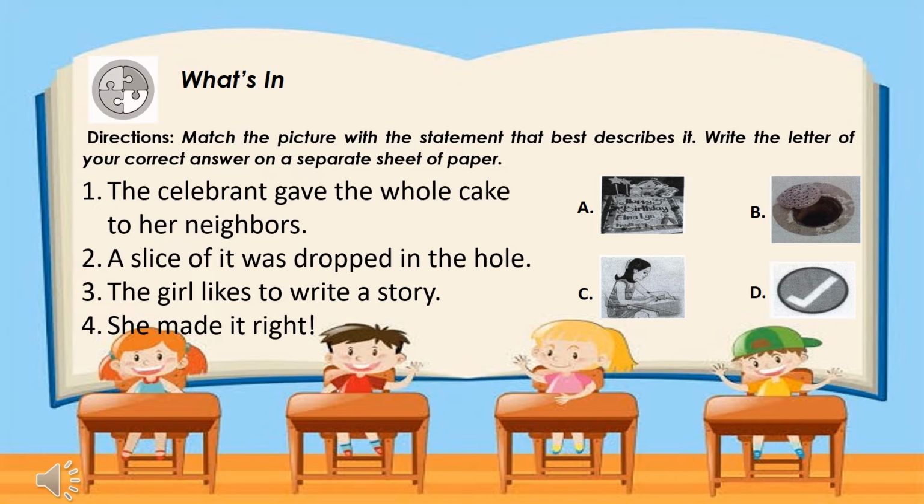Number 1. The celebrant gave the whole cake to her neighbors. 2. A slice of it was dropped in the hole. 3. The girl likes to write a story. 4.